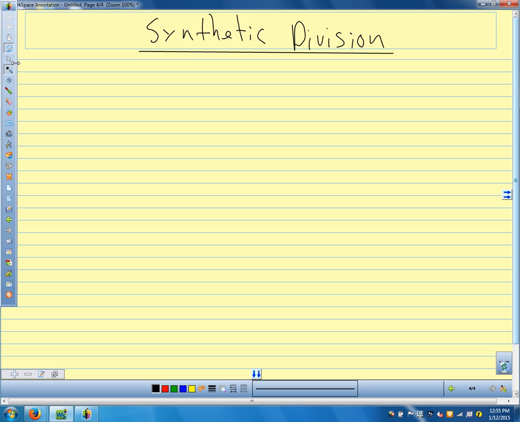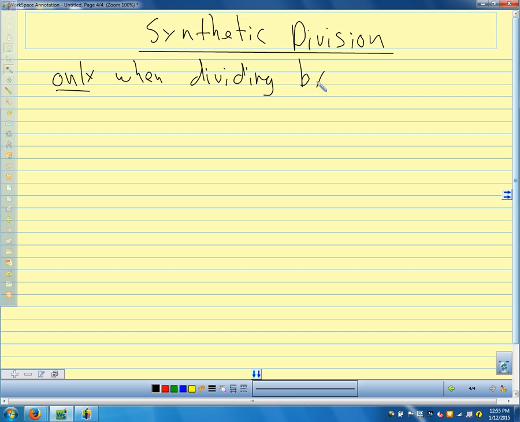Synthetic division works only when we're dividing by something that looks like x minus c, where c is some number. We don't have any numbers in front of the x, and we don't have an x squared. It has to be in the form x minus c. That's the only time synthetic division works. C is just a number.